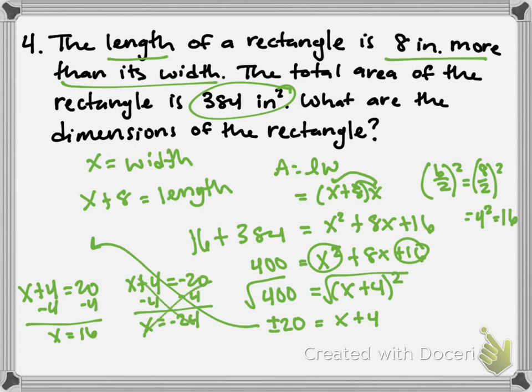So I know that 16 is the only reasonable answer here. So the question asks, what are the dimensions of the rectangle? So I know my width is 16 inches, and I know my length is 16 plus 8, which is 24 inches. So that would be my final answer there.